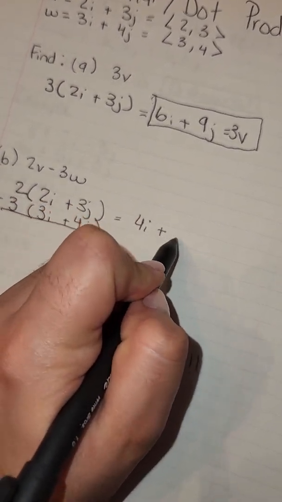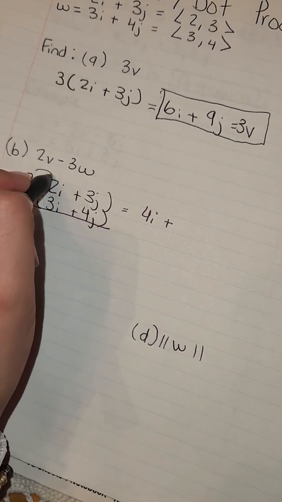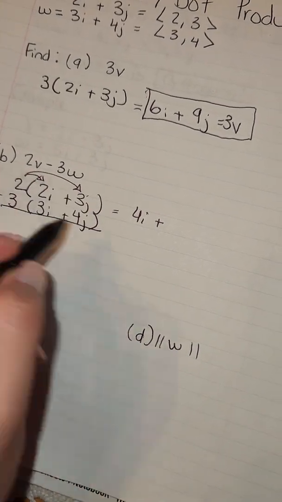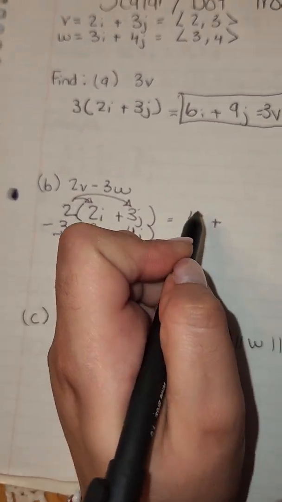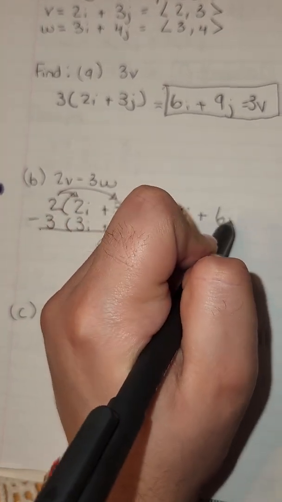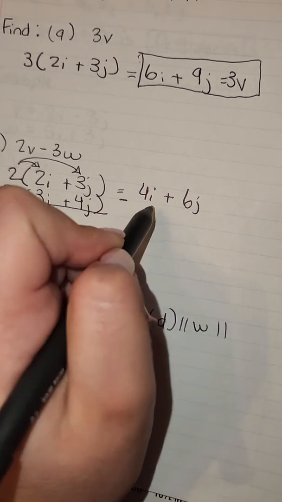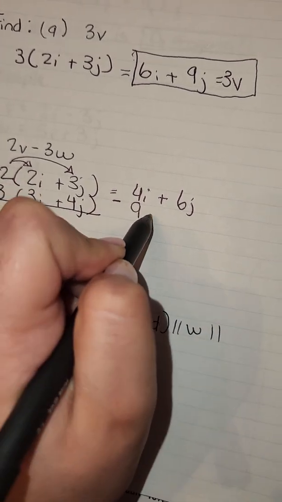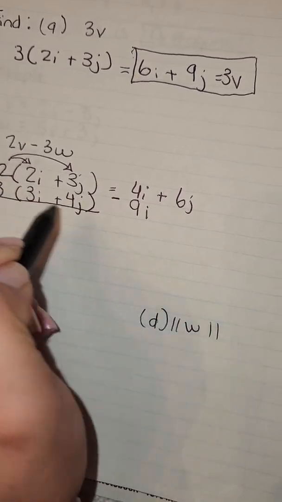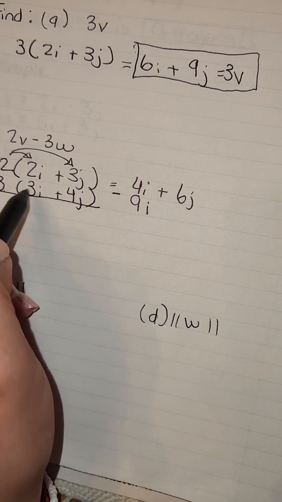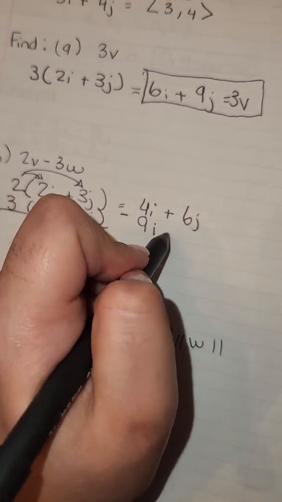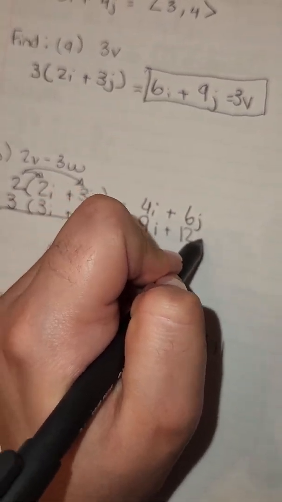4i plus 6j minus 9i, 3 times 4 is 12 plus 12j.